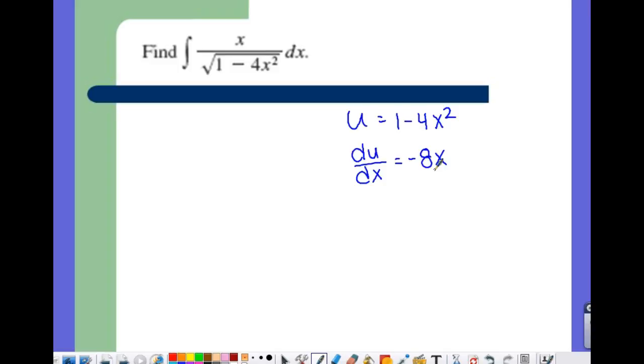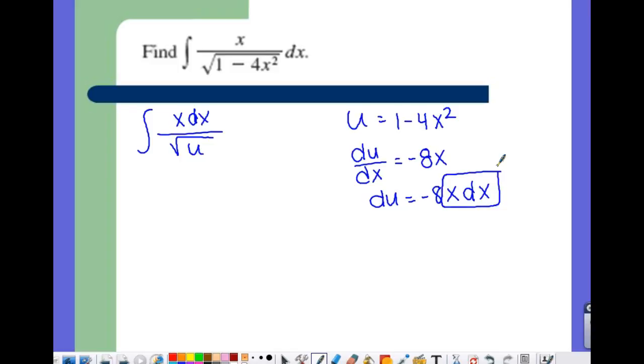So if I plug in my u here, at the moment I have x dx over the square root of u. So when I substitute in, I'm actually looking for an x dx to replace with the du, not just the dx, because I've got to get rid of the x that's in this numerator as well.